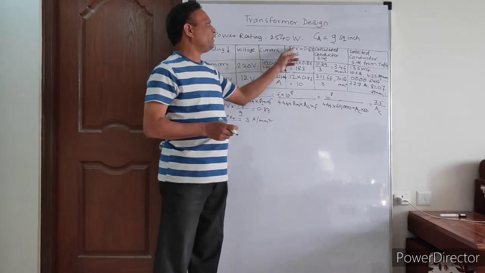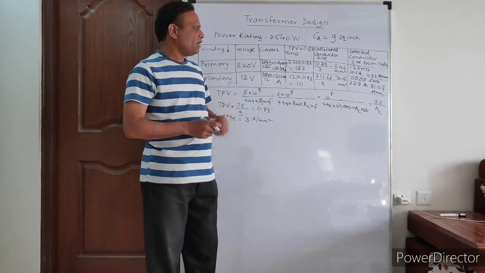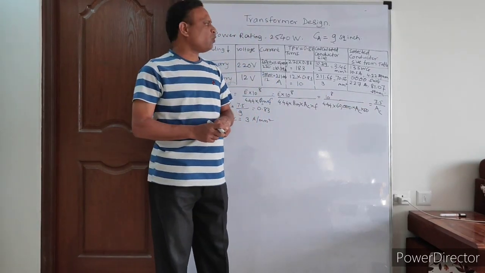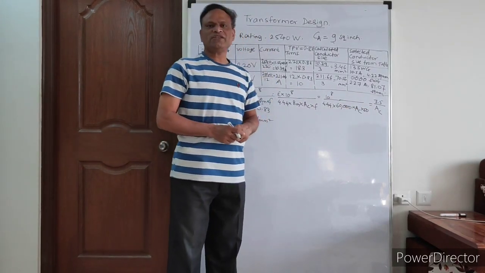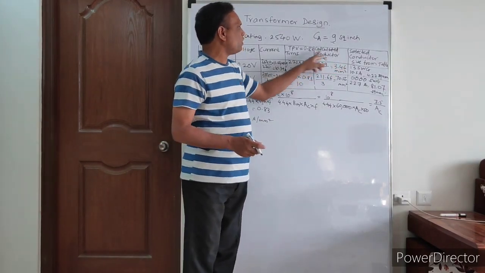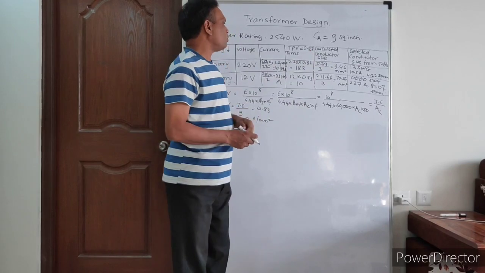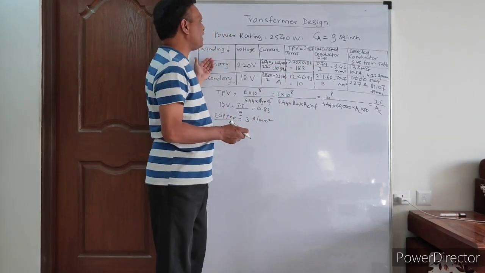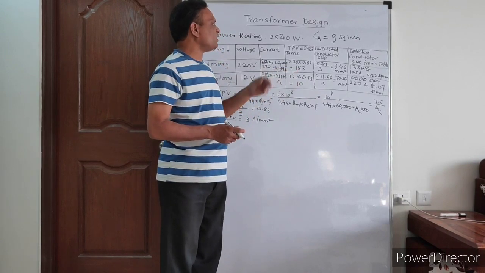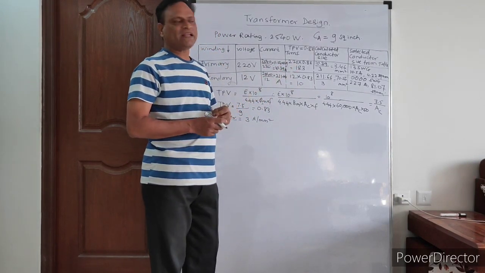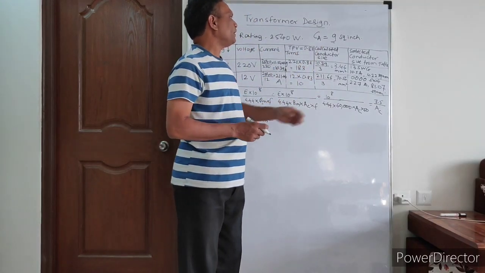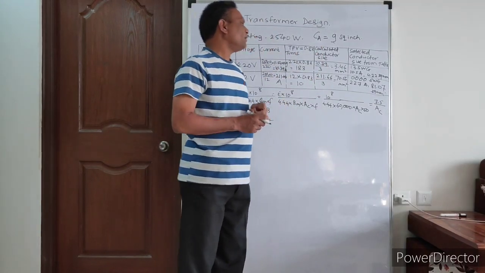Then we have derived the formula for turns per volt, and turns per volt is 7.5 upon the area of the core. When the area of the core is mentioned in square inches, then we get the turns per volt. This is the formula. So how many turns are required for the primary winding? That is the voltage of the winding into turns per volt. This will give you the number of turns we have calculated for primary and secondary. On the same basis we have calculated the conductor size.